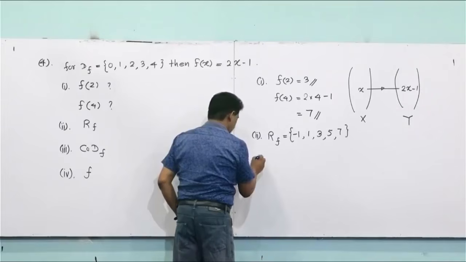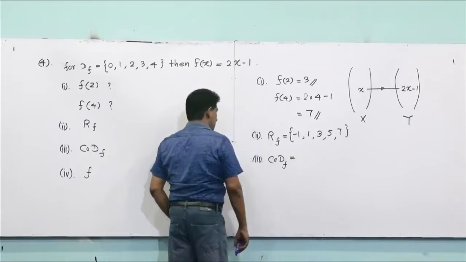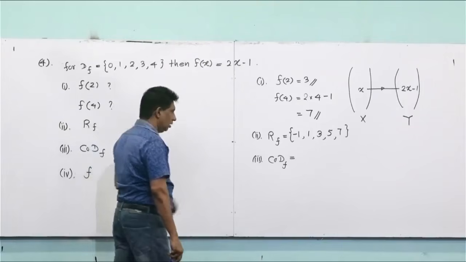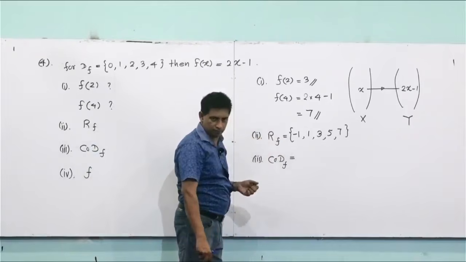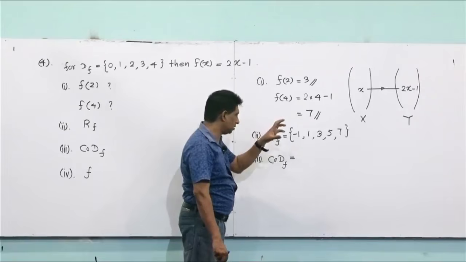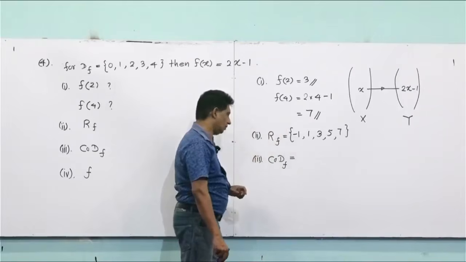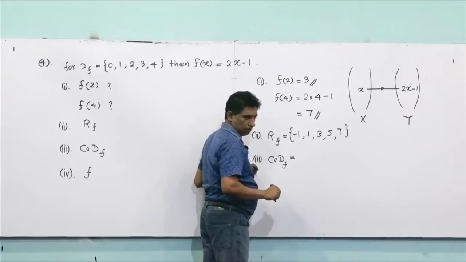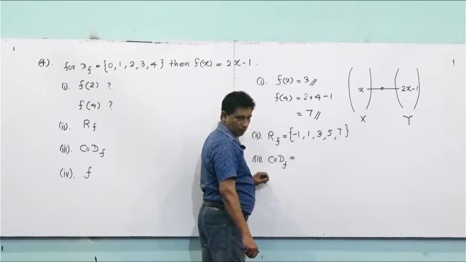Third one, you have to write down CODF. As you know, RF is always a subset of CODF. No? Okay. Because there may be a few elements other than images. So, now we know the RF. Now we have to write down CODF. Right?